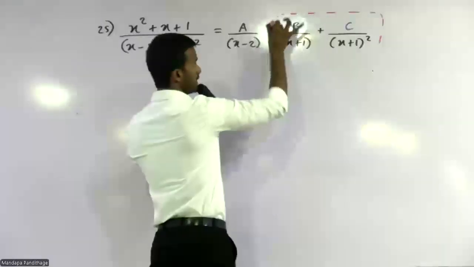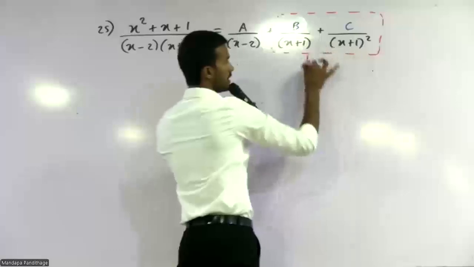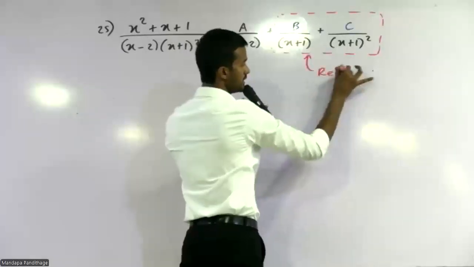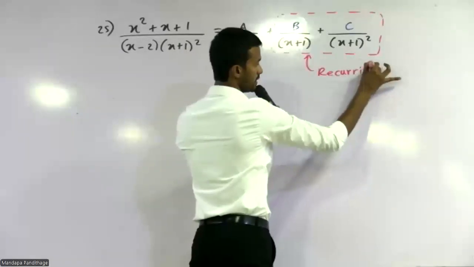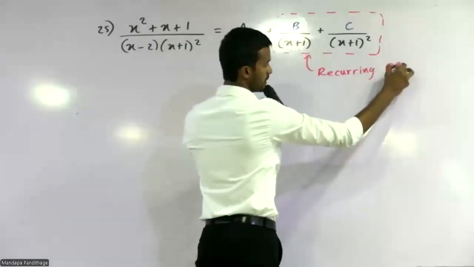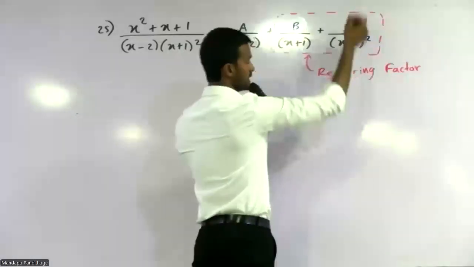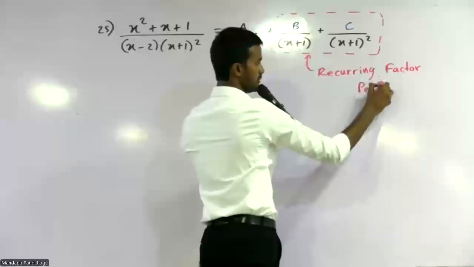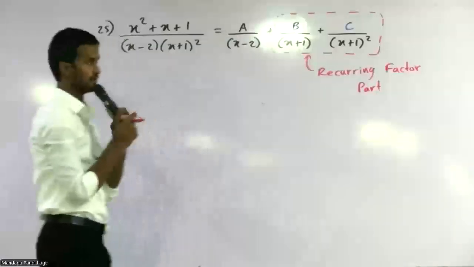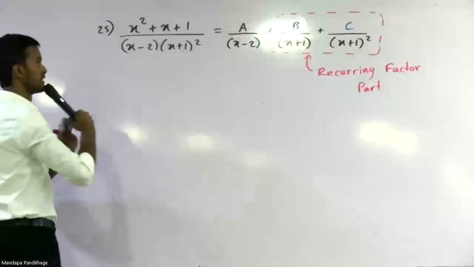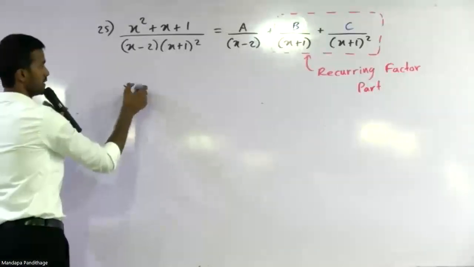You have to write it in this way, and whatever the degree is in the denominator, we have to put a constant as the numerator. And then the simplification is as the normal one.